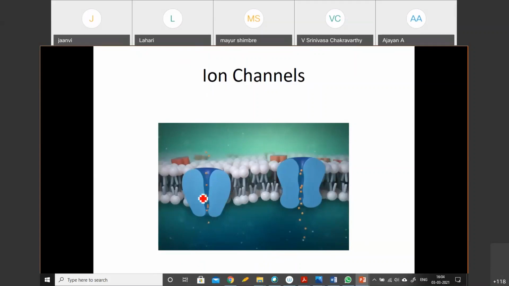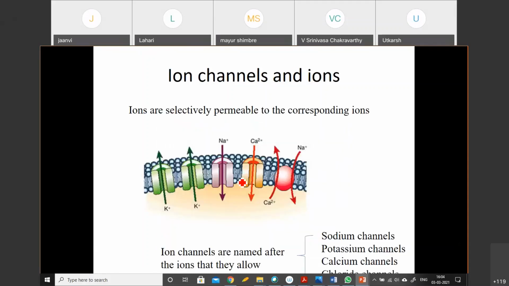These kinds of molecules are called ion channels, and these are the channels which allow passage of sodium, potassium, and so on. These ion channels are selectively permeable. They allow passage of sodium, potassium, calcium, and all that, but there are special channels for specific ions.